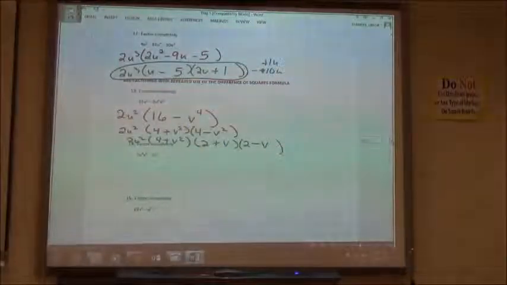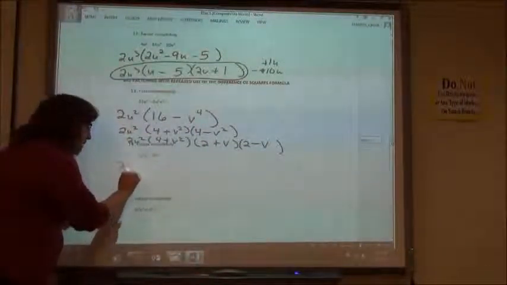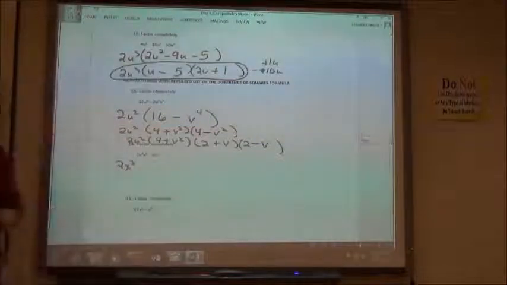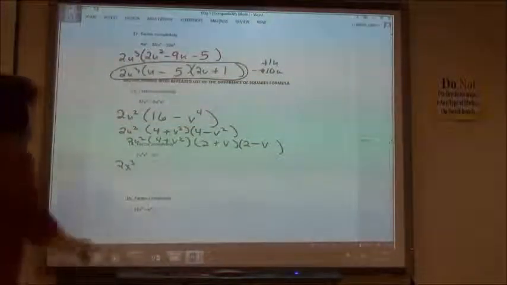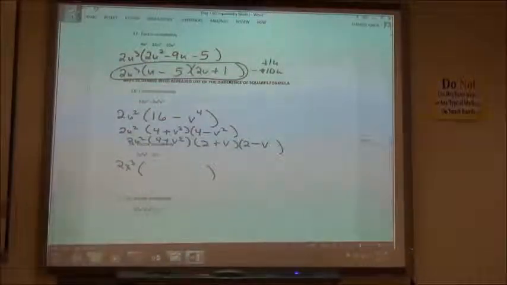So number 14, if I'm going to factor that completely, what can I factor out of both of those? The 2 and the x cubed, right? They both have a 2 and they both have an x cubed. So when I take 2x cubed out of the first term, what am I going to get?